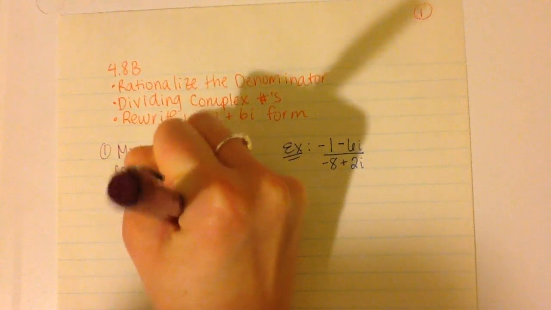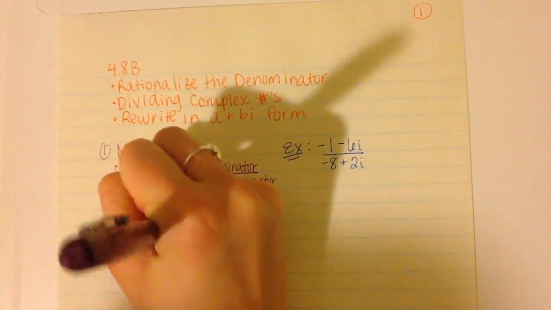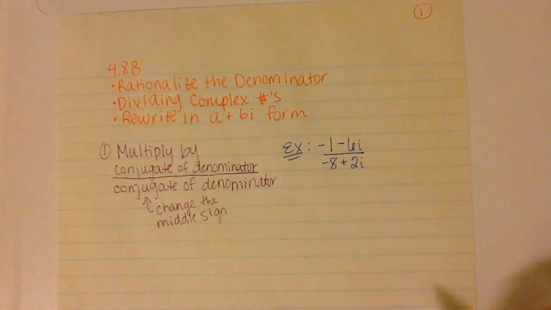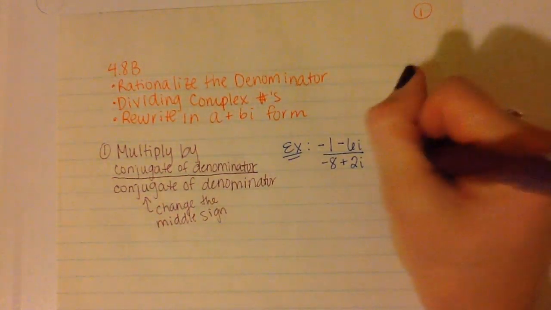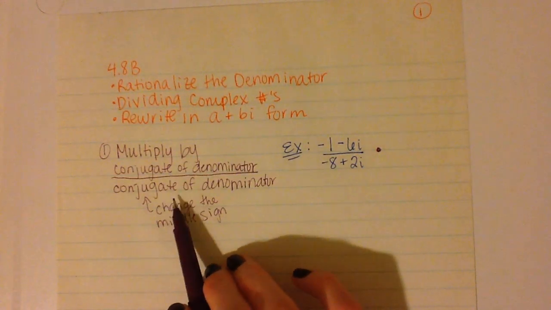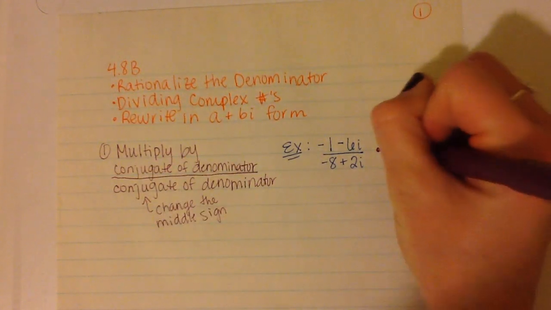So when we talk about the conjugate, that just means to change the middle sign. So if we do step number 1, to multiply by the conjugate of the denominator over the conjugate of the denominator.